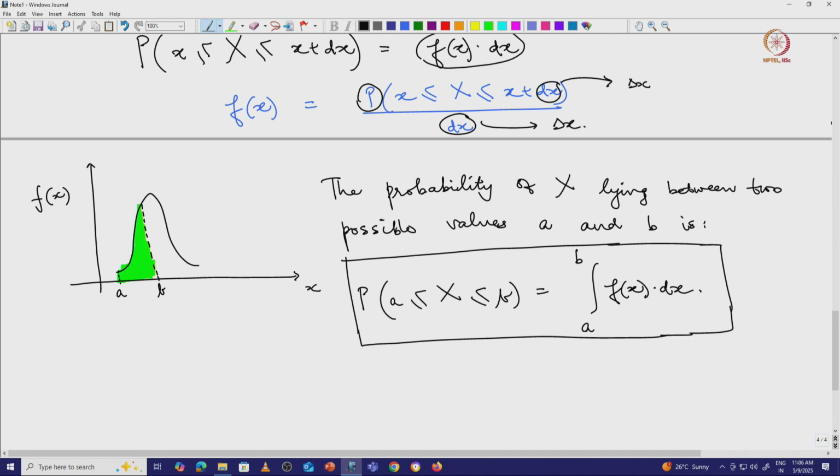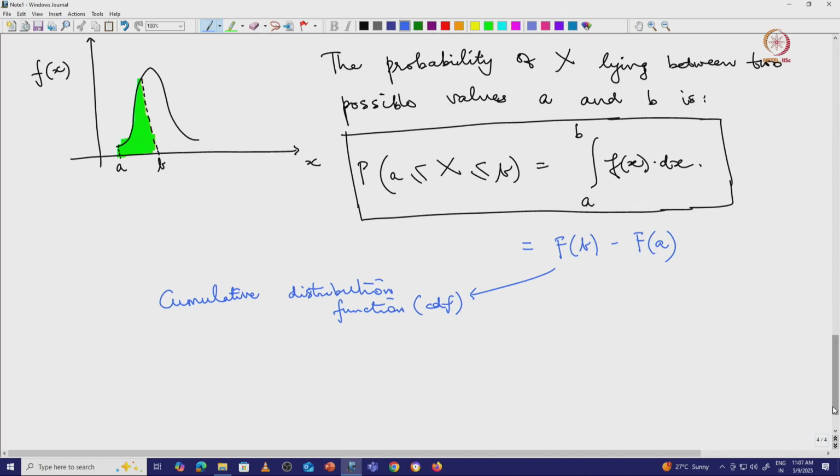Now what we do is define this as the difference in the cumulative distribution function capital F, between the values F of b and F of a. So this F is nothing but the cumulative distribution function, CDF, that we had introduced on the previous page.